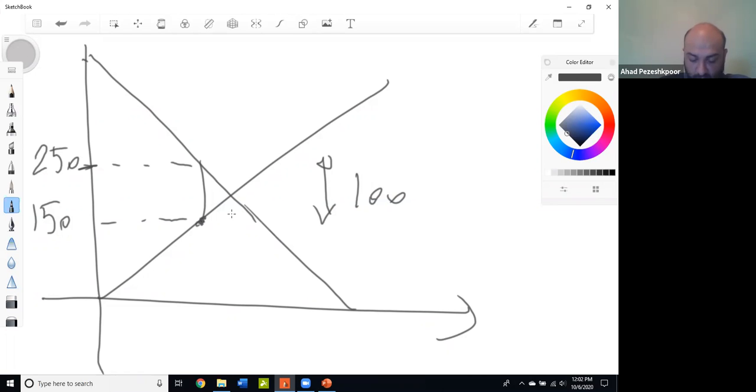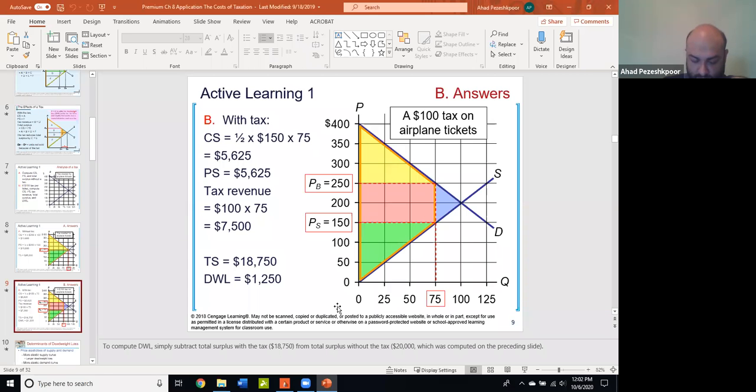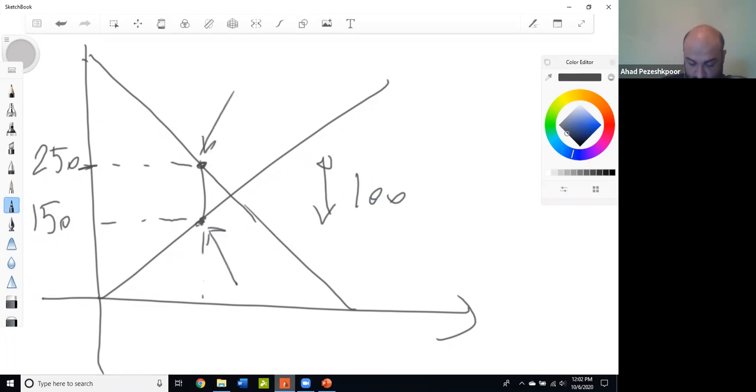You need to be able to find one of these points. The quantity will be here. If you have one of these points, for the other one you just add the tax amount. For example, if I have this point here, I know that the tax will be $100. I would assume the tax is imposed on customers or producers. It won't make a difference. You will have the same numbers.